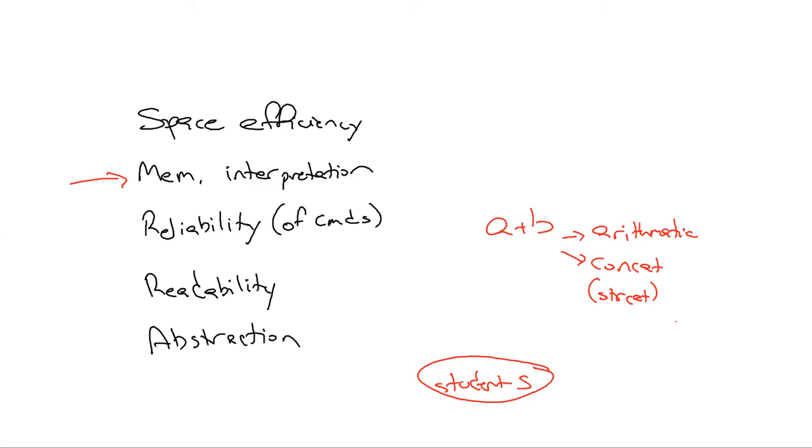If we did not have a type system, and we go back into our memory, we have some student somewhere, and let's say this is the student ID, and this is the GPA, and this is a pointer to a list of courses.